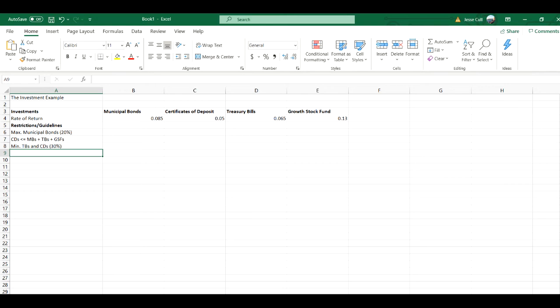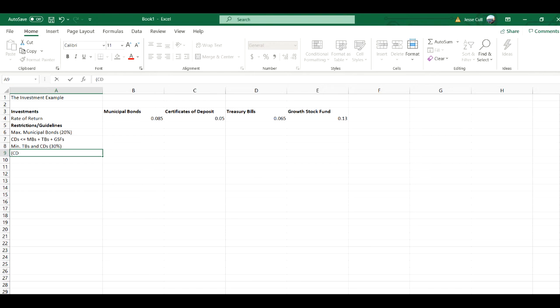So we know that achievement we can't really enter yet. Restrictions we kind of know. So our maximum municipal bonds is 20%, meaning it has to be less than or equal to 14,000.